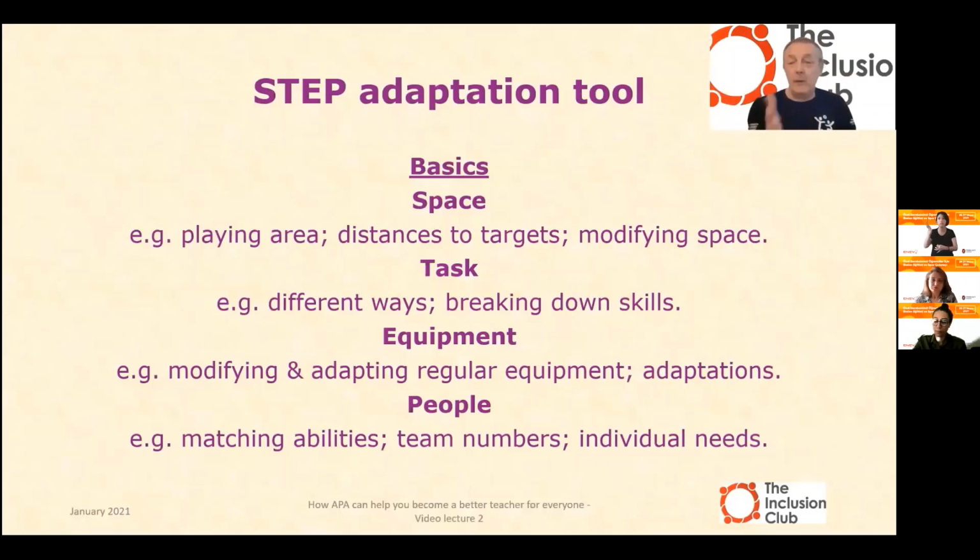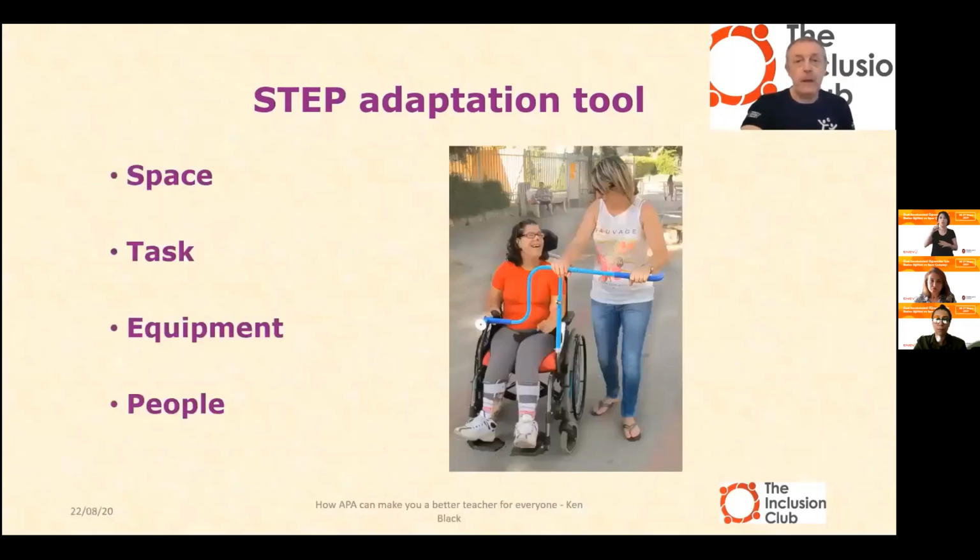And we might look specifically at individual needs and what kind of support each individual requires in order to be able to participate. So space, task, equipment, people, 4 parts of any activity that you can manipulate and change in order to make an activity more inclusive.